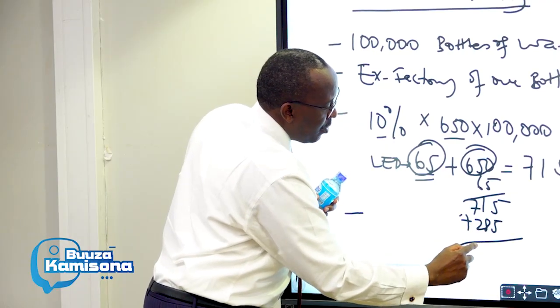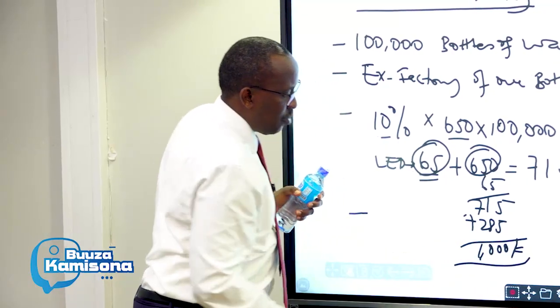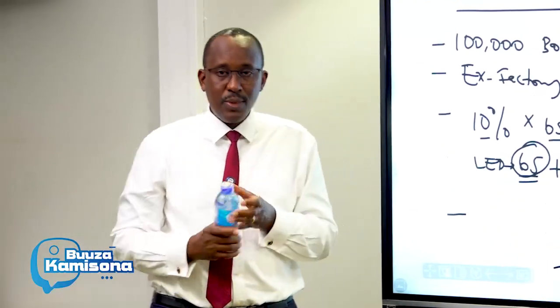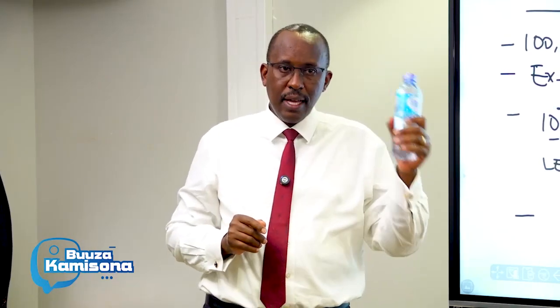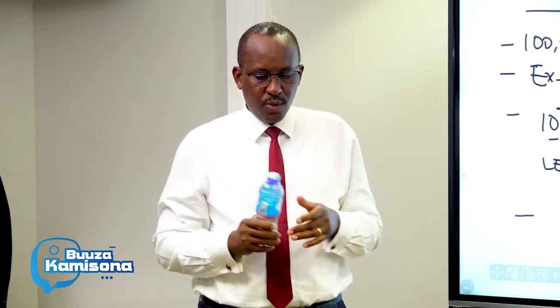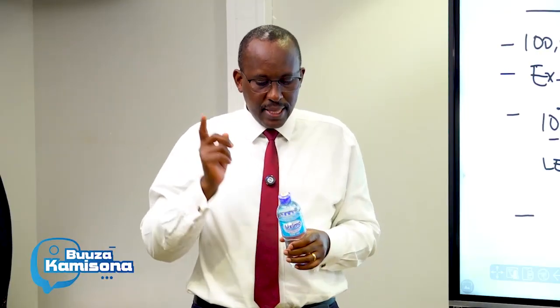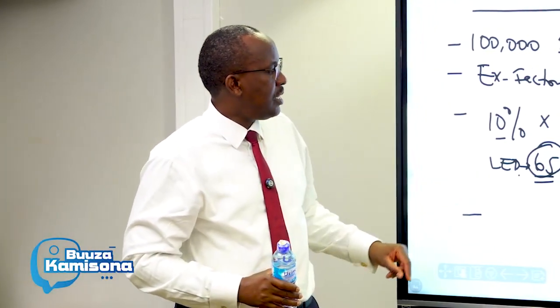And that is how you get to pay 1,000 shillings for this bottle of water. Therefore, the person who has paid the excise duty on this water is not the supermarket which has sold you this bottle at 1,000. It is the man who is going to drink this water.